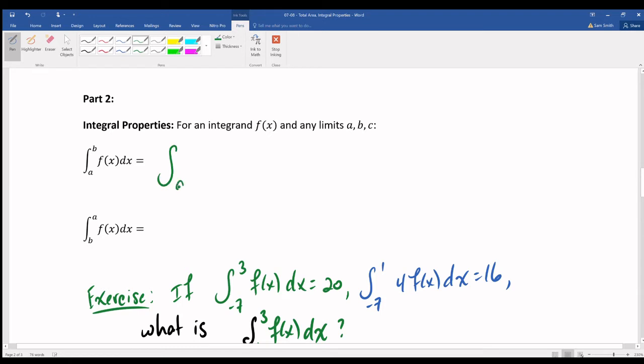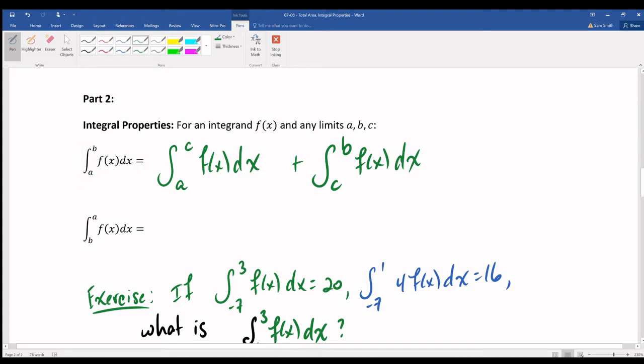If you like, you can split apart this integral, not directly from a to b, but take a pit stop at an intermediate value of c, then pick up again and add on a second integral going from c to b. If you add these two integrals together, the sum total will be the same as if you just integrated directly from a to b.